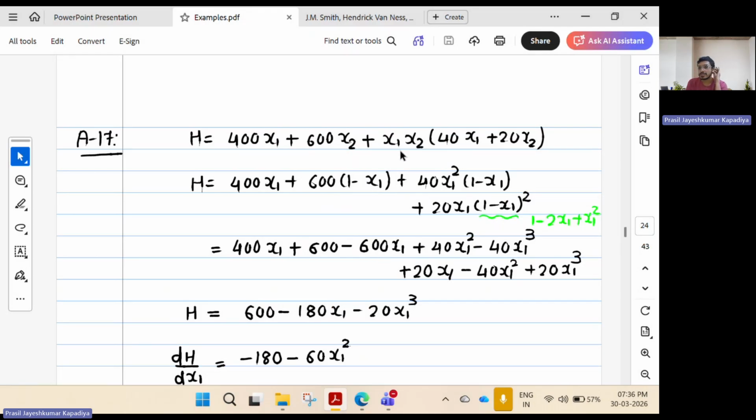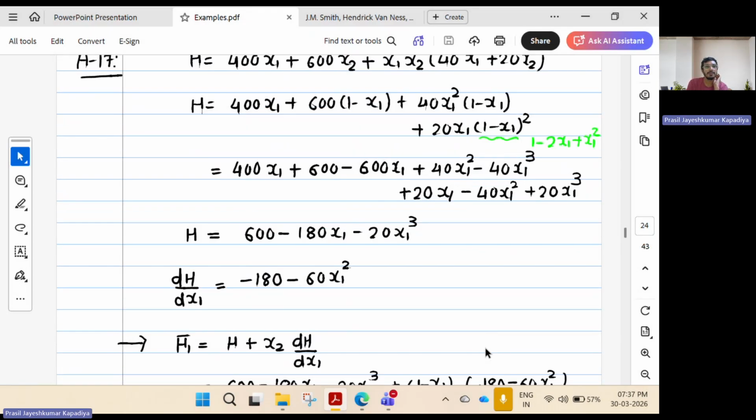This term I have split like 40 x1 square x2, so 40 x1 square into (1 minus x1) is 40 x1 square minus 40 x1 cube, plus 20 x1 x2 square. So 20 x1 into (1 minus x1) whole square, and (1 minus x1) square is 1 minus 2 x1 plus x1 square. So 20 x1 minus 40 x1 square plus 20 x1 cube.